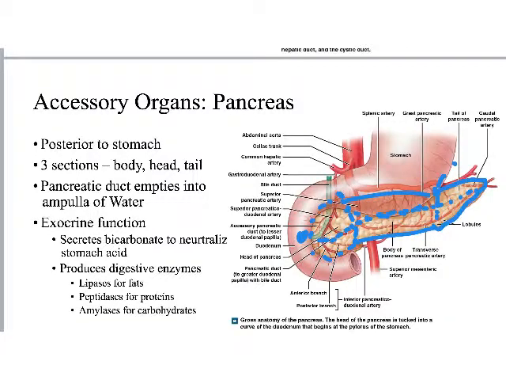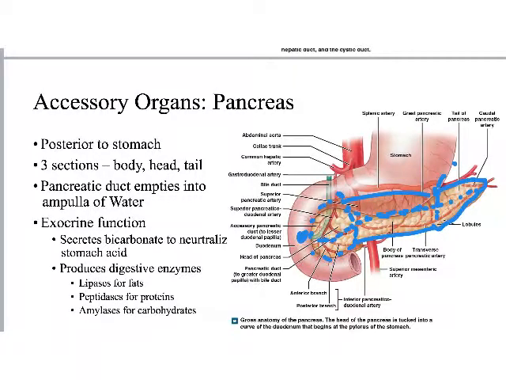That's one of the primary functions of the pancreas, to help aid in digestion in the small intestine. And that pancreatic duct is essential for that, because all of the cells that are producing enzymes and bicarbonate get poured into that duct, and that duct then empties into the duodenum.